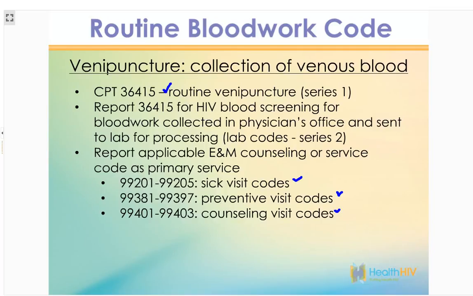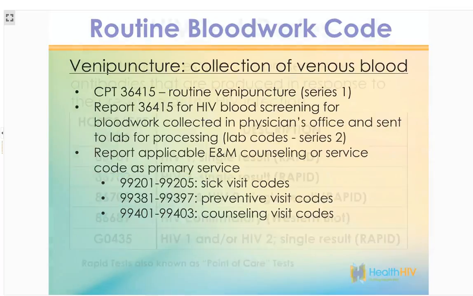Remember to also include a modifier 25, unless your payer decides that they don't want you to include a modifier. The modifier 25 would be appended to one of the services at the bottom of the screen. We'll see modifiers in a couple of slides.